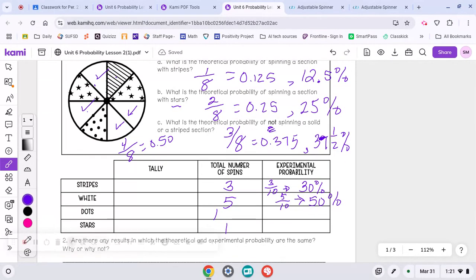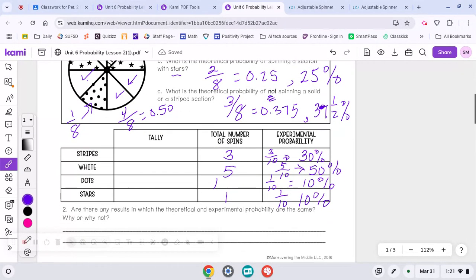Dots was 1/8, which is 12.5%, and we actually got 1/10, which is 10%. And the same with our stars. And so number 2 says, are there any results in which the theoretical and experimental probability are the same?